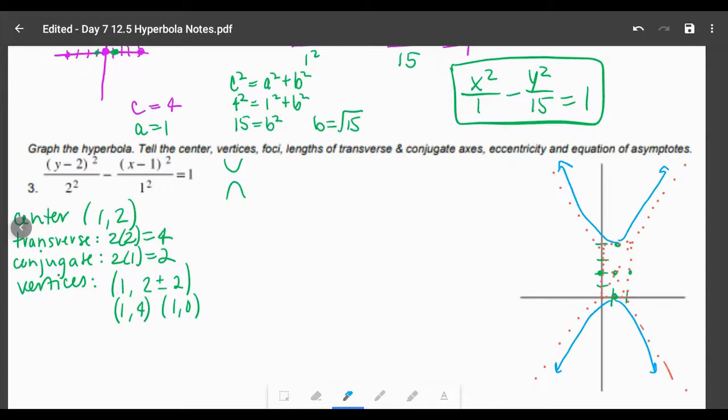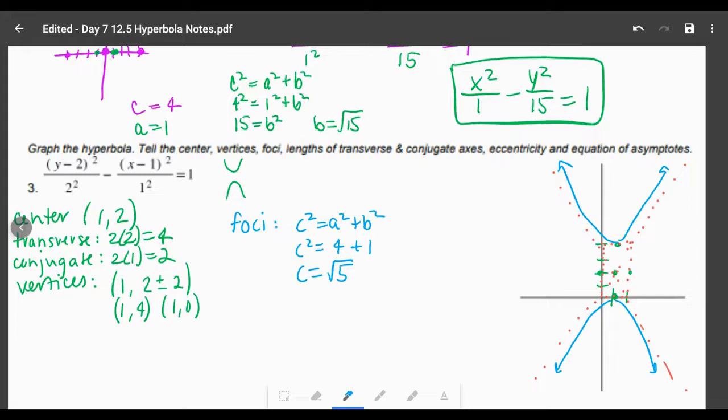asymptotes. So the things that we are missing would be the focal points as well as the eccentricity. So let's look at focal points. We have foci, which would be related to c. So c squared equals a squared plus b squared. A squared is 4, b squared is 1, which means that c squared equals 5, and c is equal to the square root of 5.